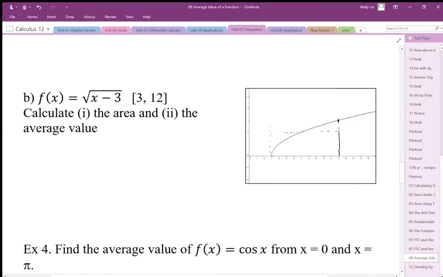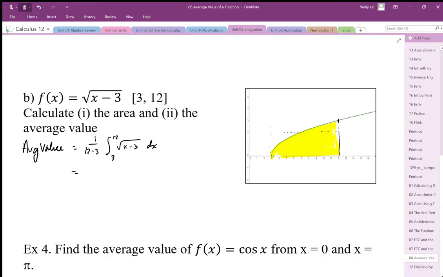So I'm going to do this using our formula. Our average value is going to be the interval width, 12 minus 3, so an interval width of 9, and from 3 to 12, the square root of x minus 3, so the area underneath that graph. I'm going to find the area under that graph and divide it by the interval width of 9.